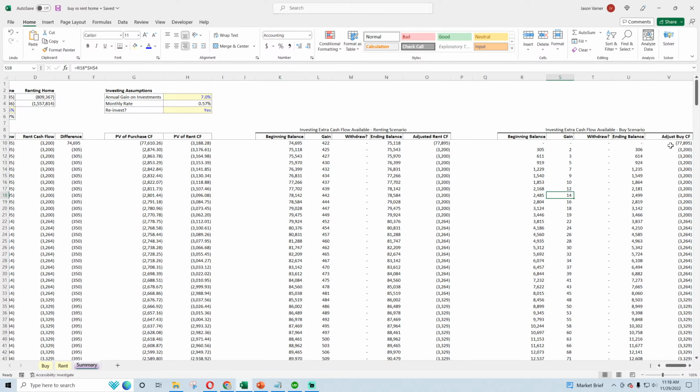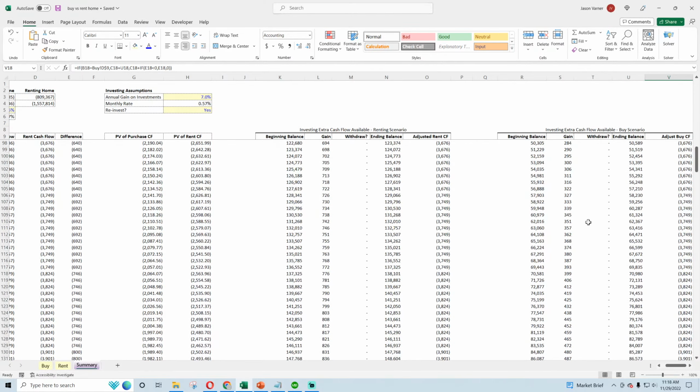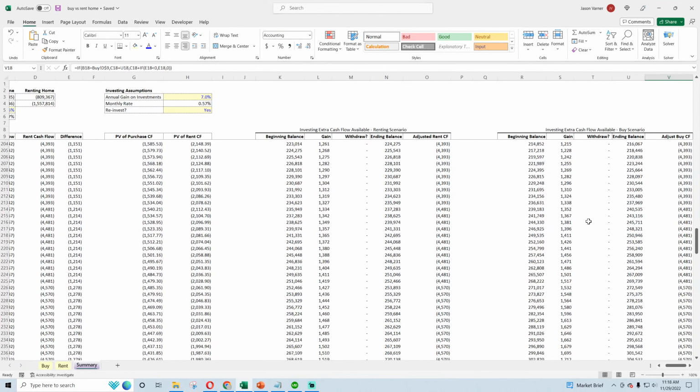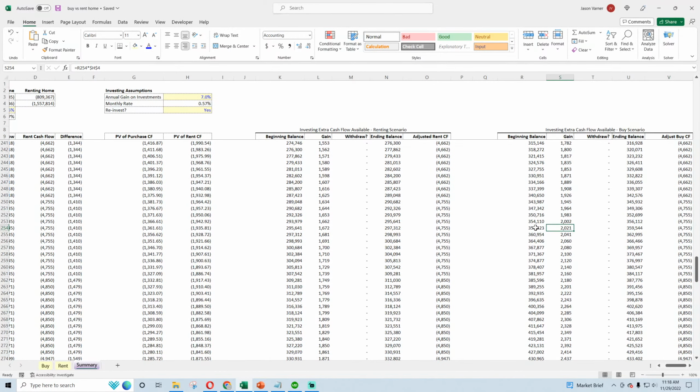So my cash flow to buy is this, and then I'm matching the rental cash flow, but I'm now investing that difference as well. So now when I go down here, so this is matching that, that's fine. I'm investing, so my balance is going up. It should be going up by, yep, 3,400, which should be this plus, and to get a plus a negative, we need a negative plus this difference.